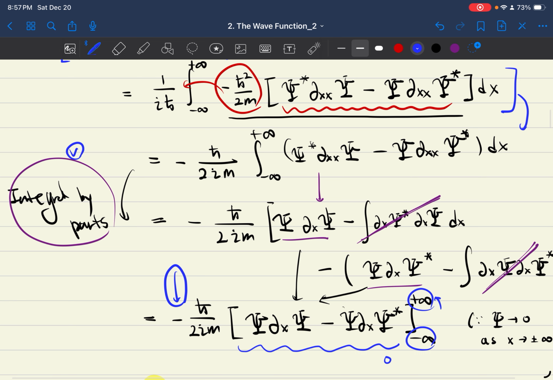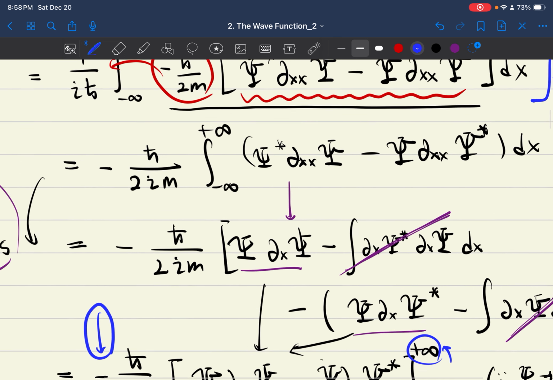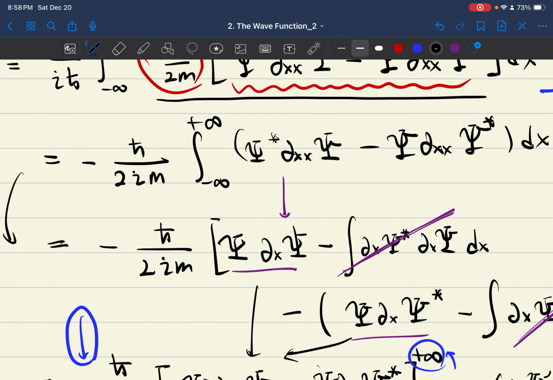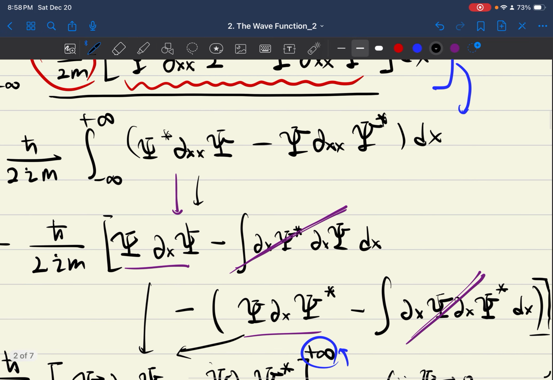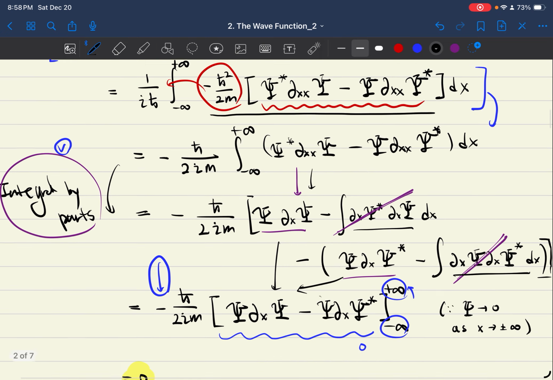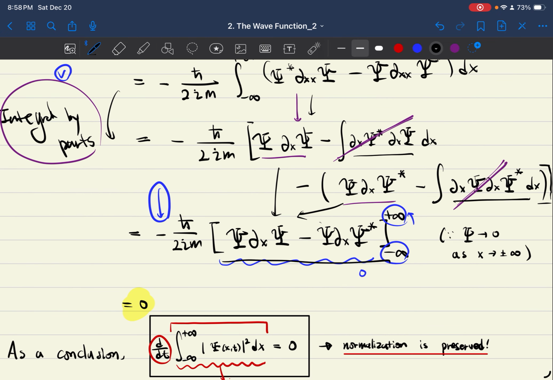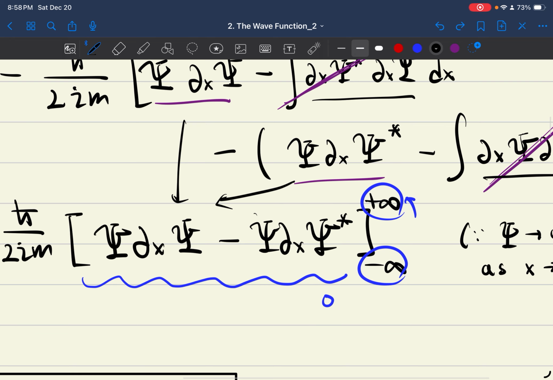Note that here is an integral by parts. You just do this integral by parts like this, and the second term and last term cancel out, and we got this. And at the infinite side, ψ must be 0, because if not, the normalization doesn't make sense.